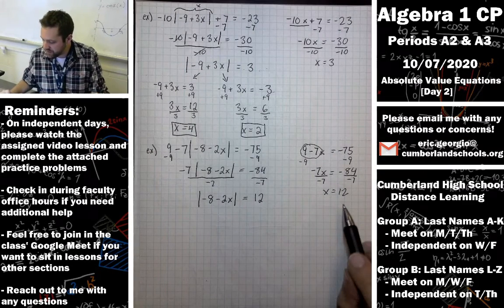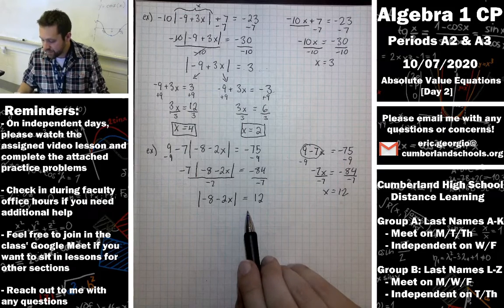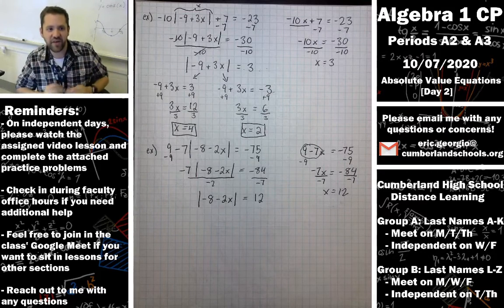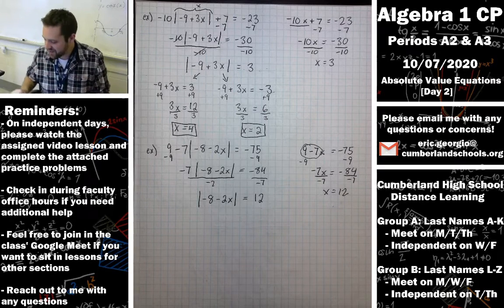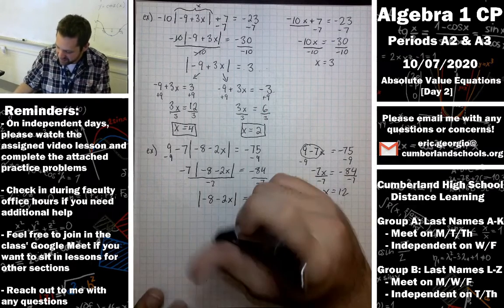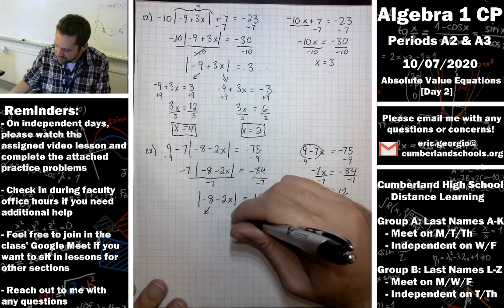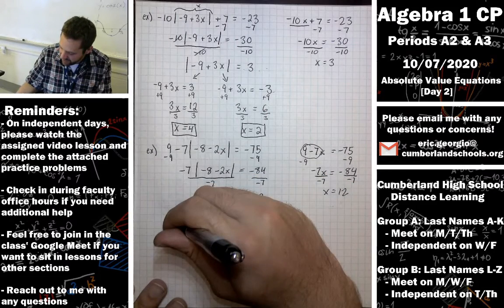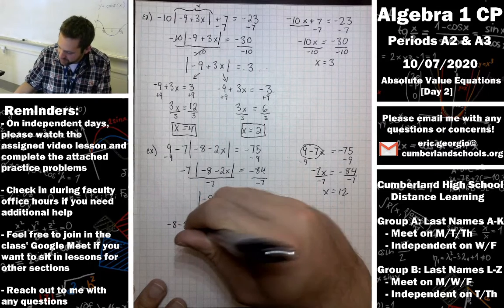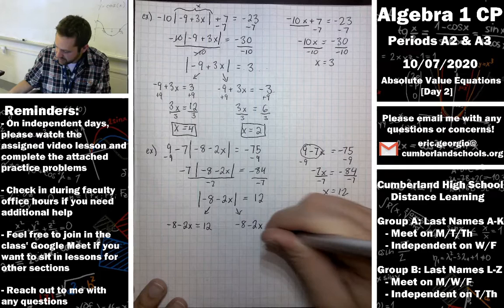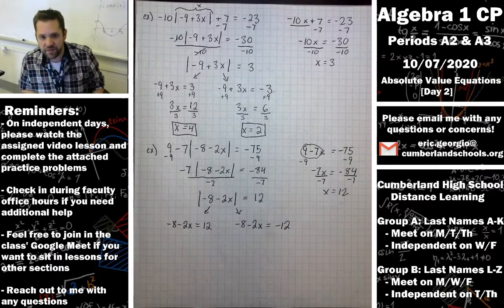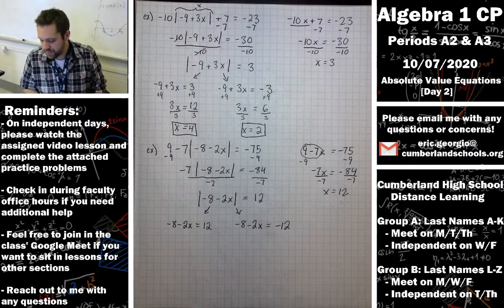Now, just like we did over here, kind of cool, like it's really the same process. I love seeing them side by side. You can probably tell I'm getting all giddy and excited because now we can split this up just like we did all our previous problems and say let's try to make negative 8 minus 2x equal to positive 12. And let's also try to make negative 8 minus 2x equal to negative 12 because either way, the absolute value of that would be 12.